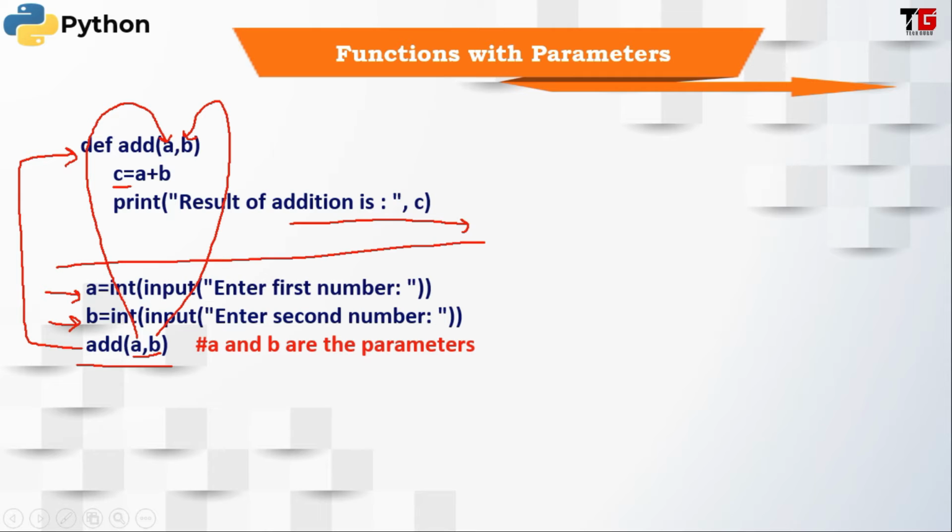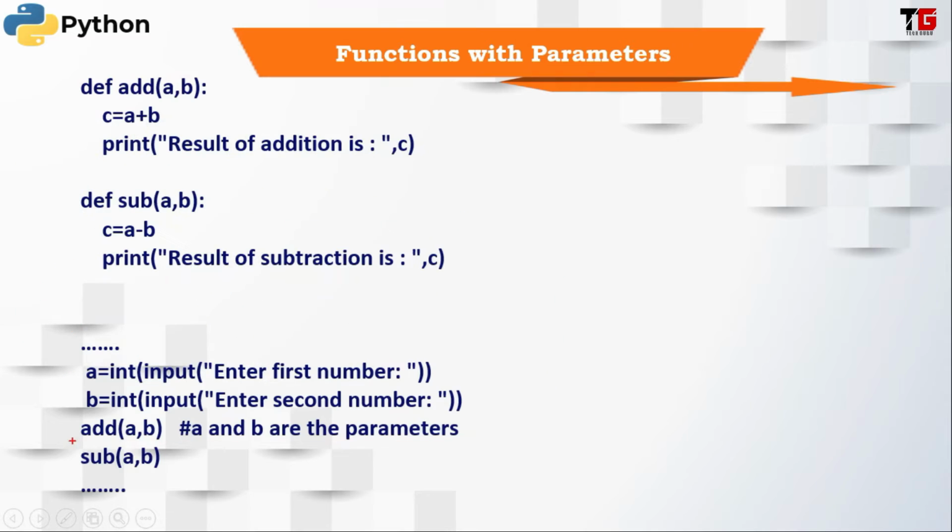Now this main part knows which two numbers I am going to add. Here after calling this add function, I am calling the subtract function and passing the same values a and b to this subtract. Consider a is 20, b is 10.